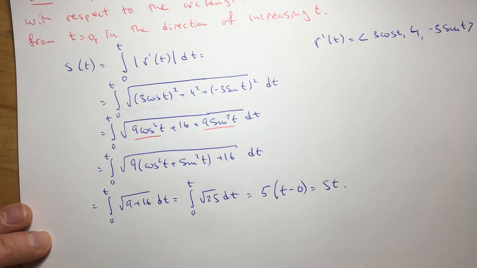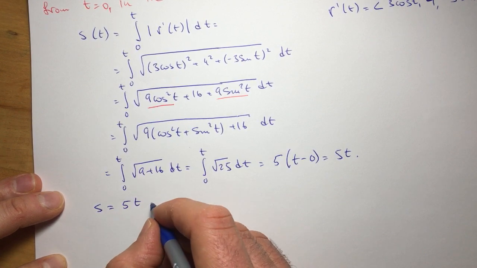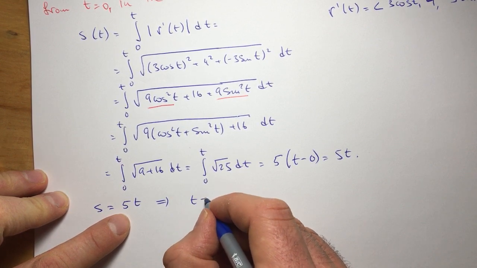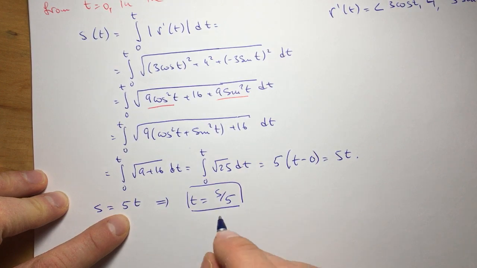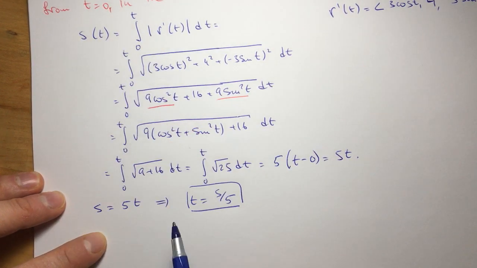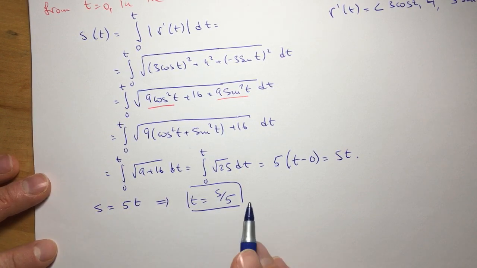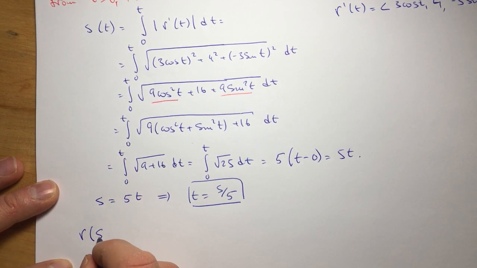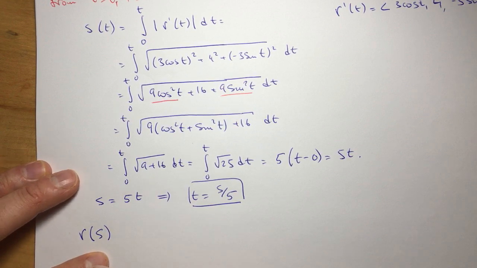Okay, so what do we have? I have s is equal to 5t. From here we can conclude that t is equal to s over 5. So if we are able to solve this definite integral and express t as a function of s, I can express the vector function with respect to s. And don't forget that s is the arc length parameter.